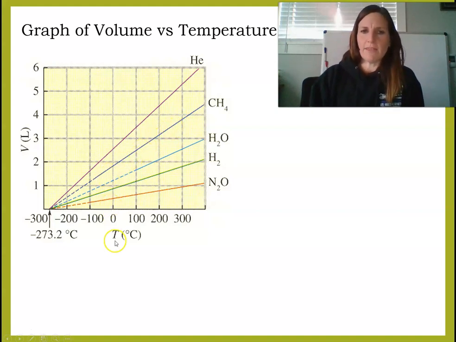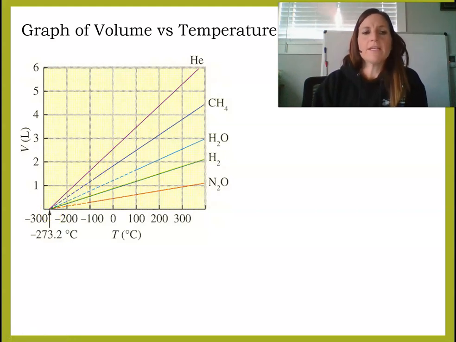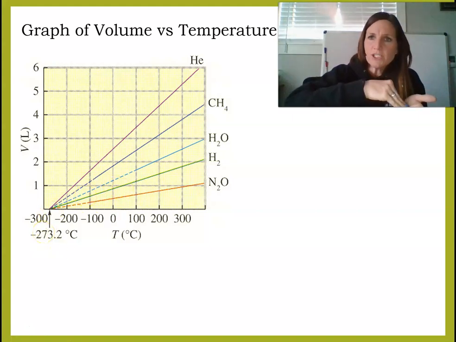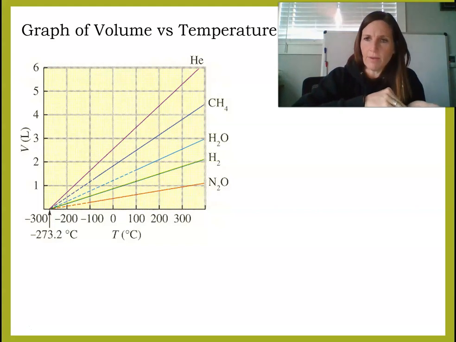But a really interesting thing happens. No matter what gas we look at, as the temperature cools, it has the exact same x-intercept. I'm sorry to use math words on you, but this x-intercept here is where the line crashes into the x-axis.